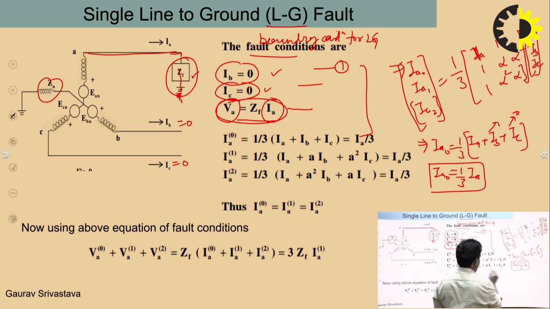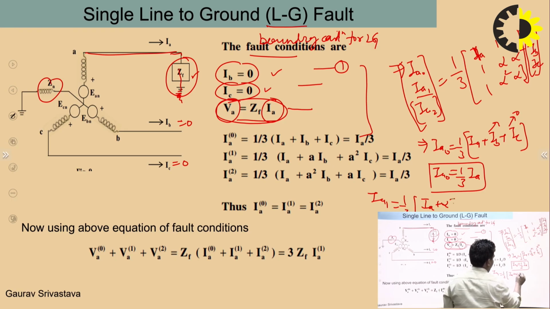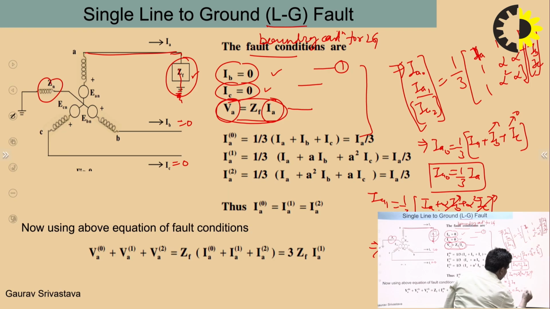Now we calculate the second equation using this relation. IA1 is equal to 1 by 3 (IA plus alpha IB plus alpha square IC). Again IC and IB are 0, so we again get IA by 3. That means the positive, negative and zero sequence currents are each equal to IA by 3.